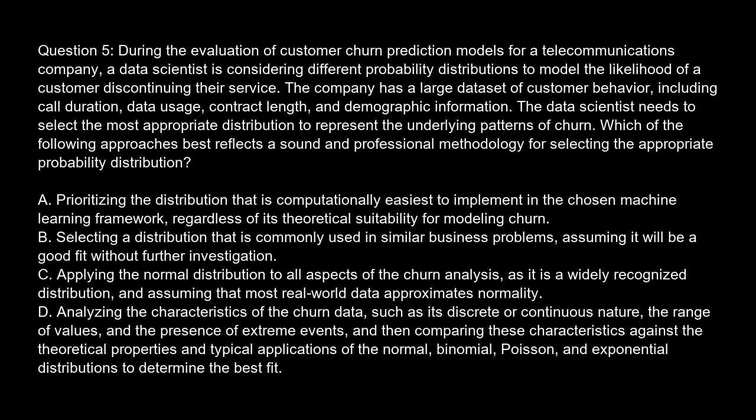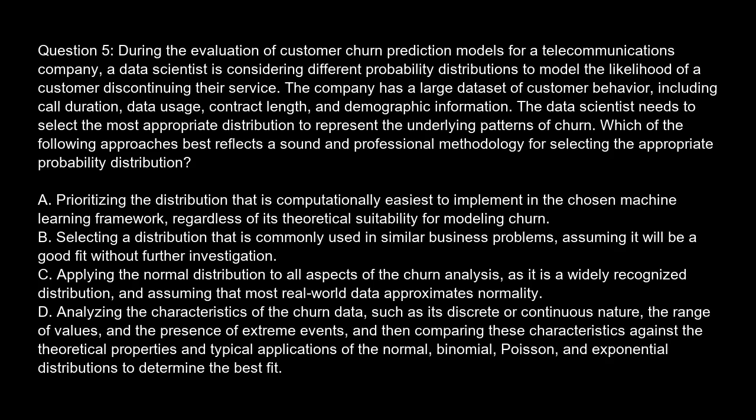Option A. Prioritizing the distribution that is computationally easiest to implement in the chosen machine learning framework, regardless of its theoretical suitability for modeling churn. Option B. Selecting a distribution that is commonly used in similar business problems, assuming it will be a good fit without further investigation. Option C. Applying the normal distribution to all aspects of the churn analysis, as it is a widely recognized distribution, and assuming that most real-world data approximates normality.